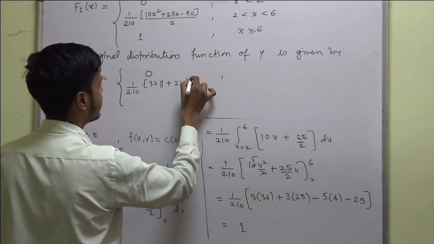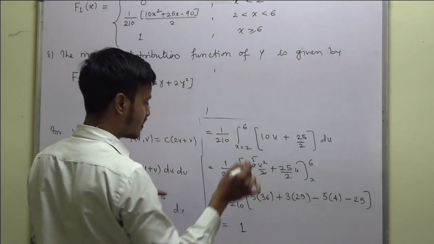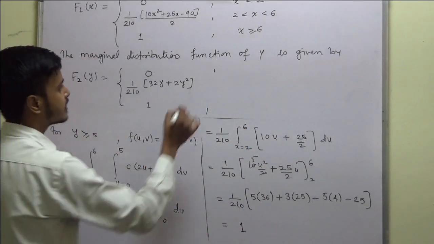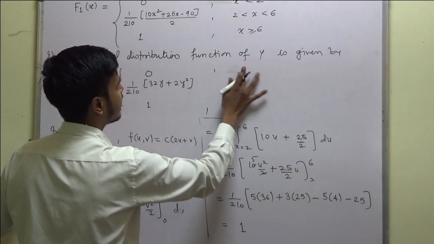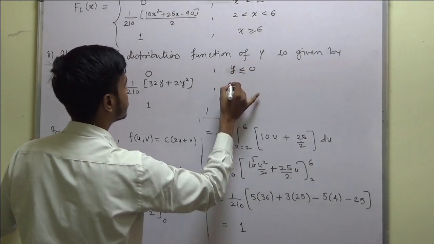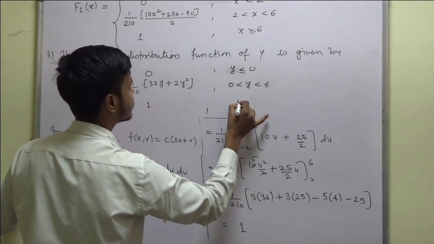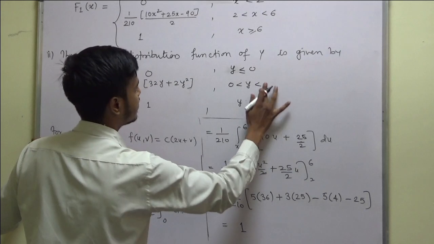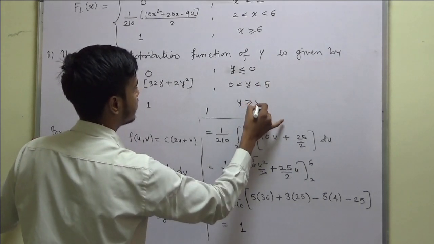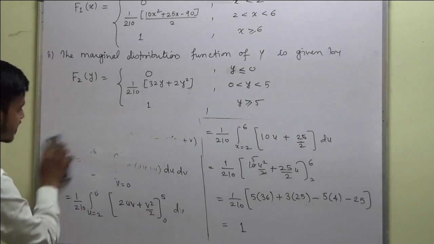This is the second value, and the third value is 1. This is for the range y less than or equal to 0, then this is for 0 less than y less than 5, and this is for y greater than or equal to 5. So we have these two distribution functions, a very lengthy example.